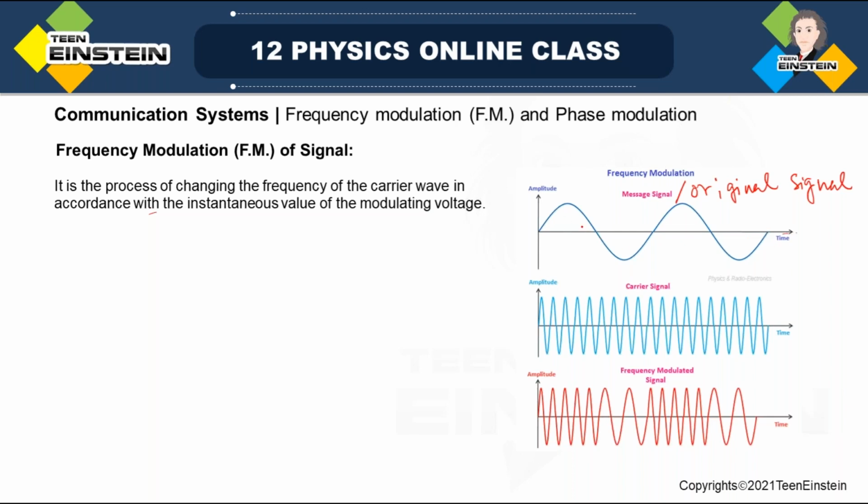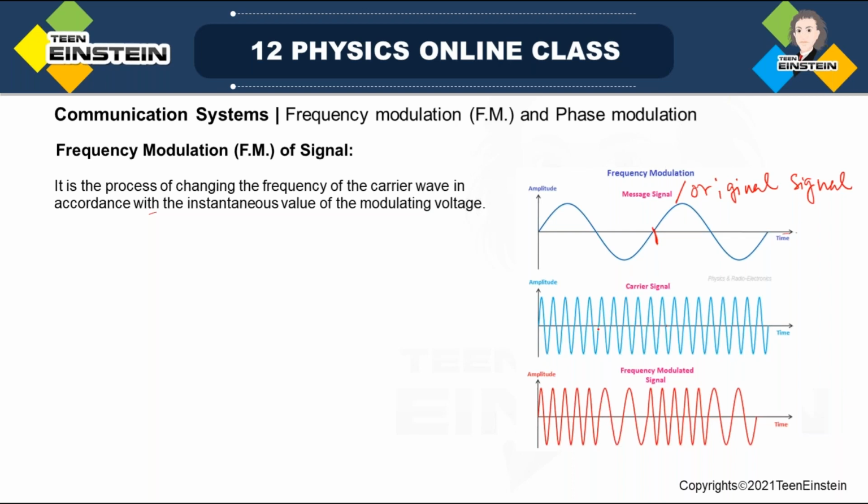Within this time, which is the time period for this signal, obviously, it has a complete oscillation. When you have your carrier wave, within the same time period it has many oscillations. You can see that. That's why the carrier signal always has greater frequency.